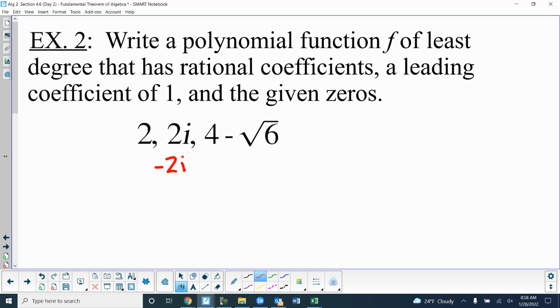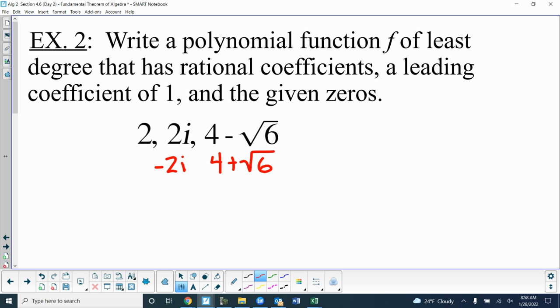What's the pair, conjugate pair with 4 minus radical 6? 4 plus radical 6. Okay? So they won't give you all of them, but you have to realize that there's, in this case, 2 others. There's a total of 5 of them. Okay? Any questions on that? All right, sometimes we forget about it because we get in a hurry. All right, so there's actually 5 zeros for this.